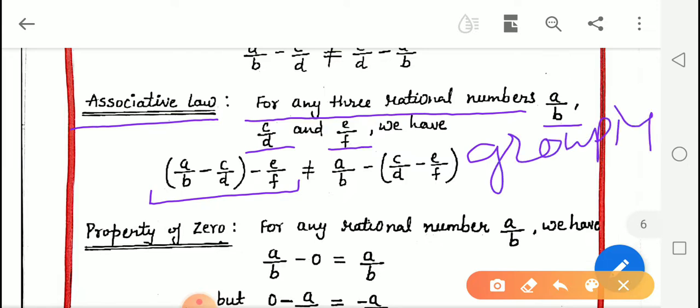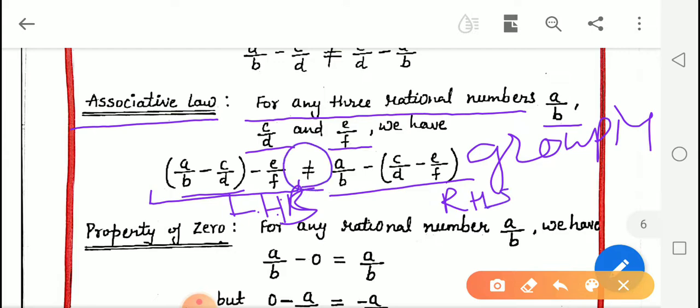So here if we change the group from left hand side to right hand side, the answer will not be the same. So it is not equal. When we change the group, the answer will be different. This law also you can check by taking any example on your own.